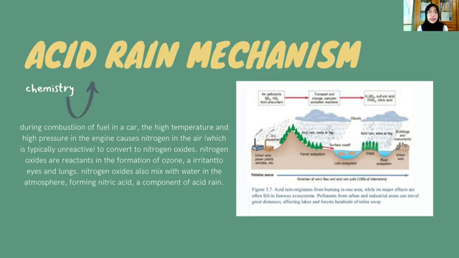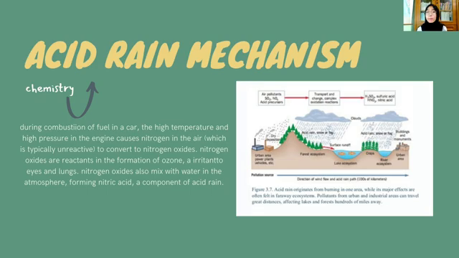Acid rain originates from burning in one area, while its major impacts are often felt in faraway ecosystems. Pollutants from urban and industrial areas can travel great distances, affecting lakes and forests hundreds of miles away.